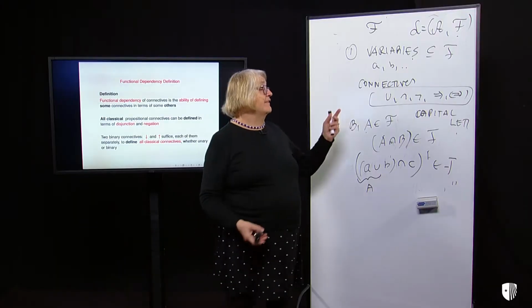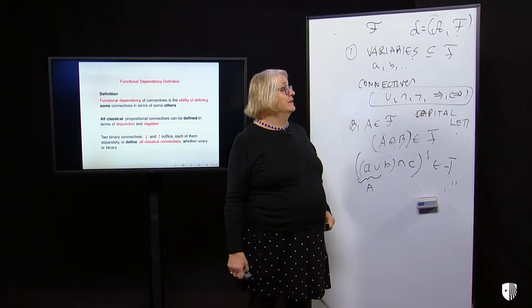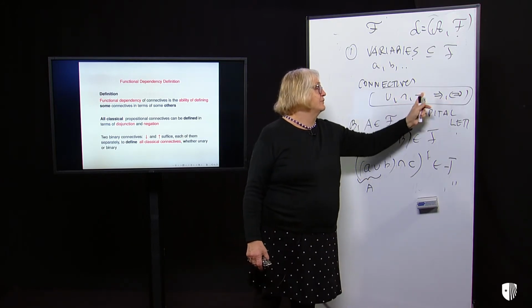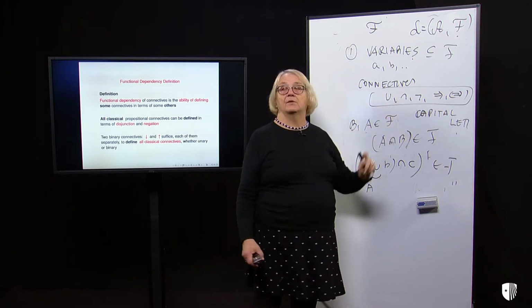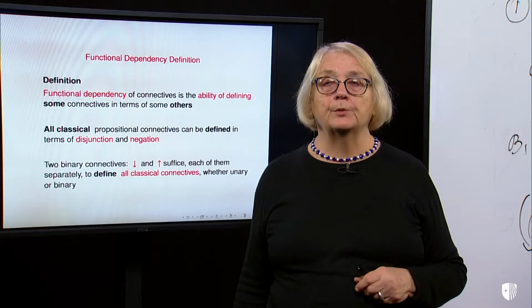They can also be defined in terms of negation and any other. So if you have only this and this, you can define all the others. If you have negation and this, you can define all the others. That is called functional dependence. It's a very strong property.